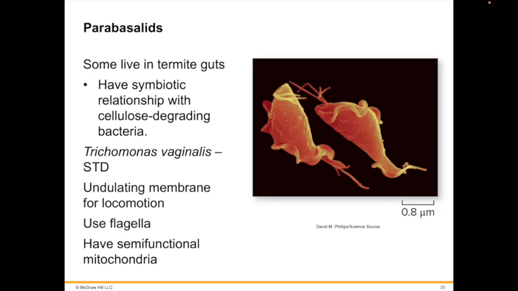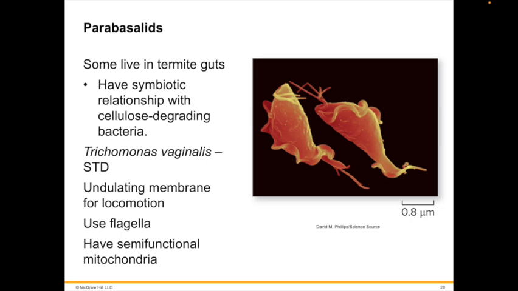They use flagella and undulating membranes for locomotion. So there is a particular type of parabasalids, and the type I'm thinking about would be the trichomoniasis, and this parasite species I think of here causes an STD.